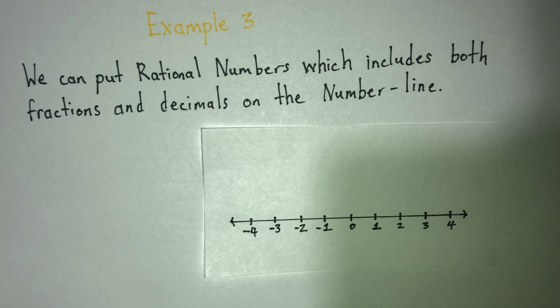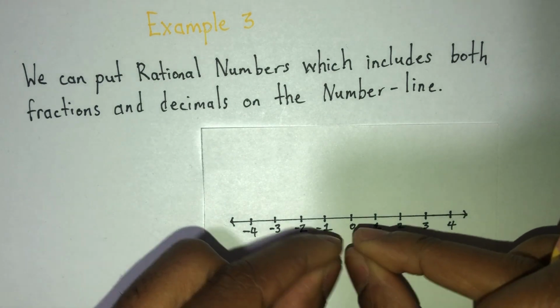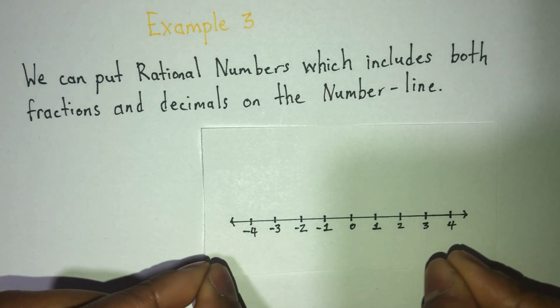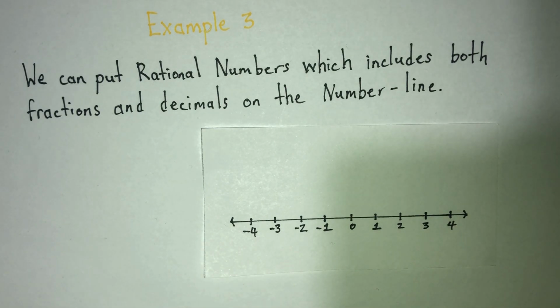Before I show that rational numbers can be included on the number line, I am going to explain something. All of the numbers that we have here are real numbers. The numbers that we have here are also rational numbers because they can be written in the form p over q, where p and q are both integers and q cannot be equal to 0.